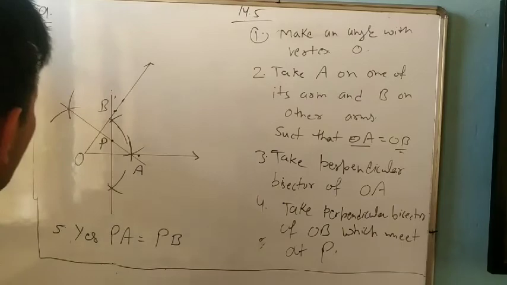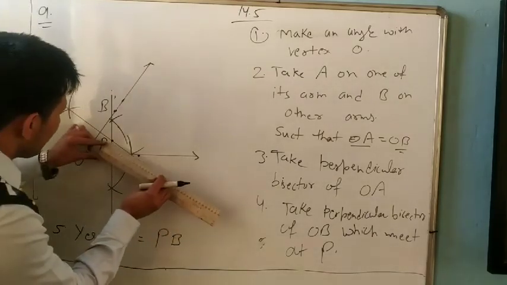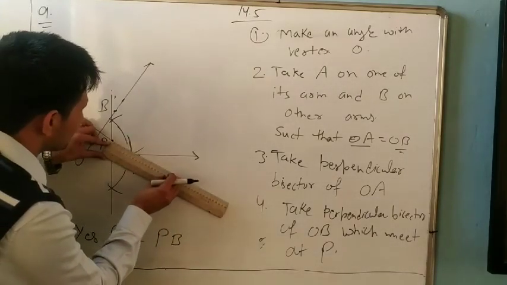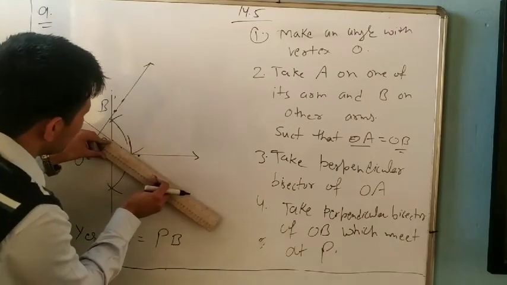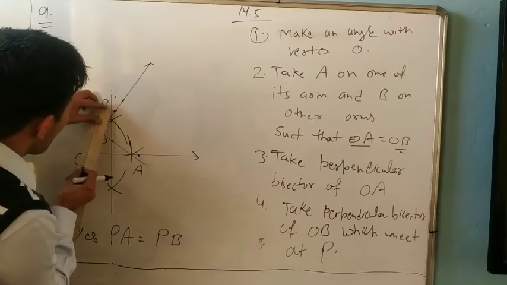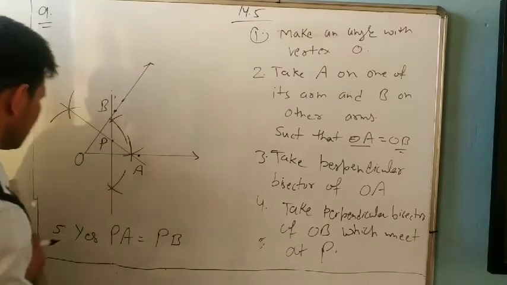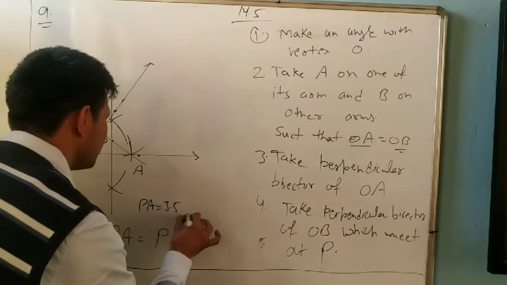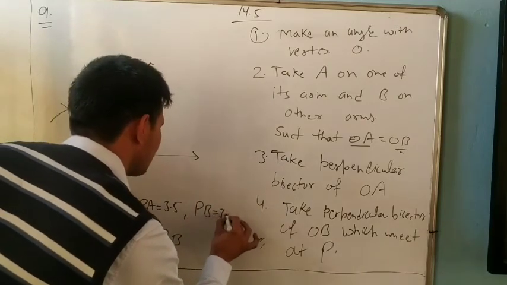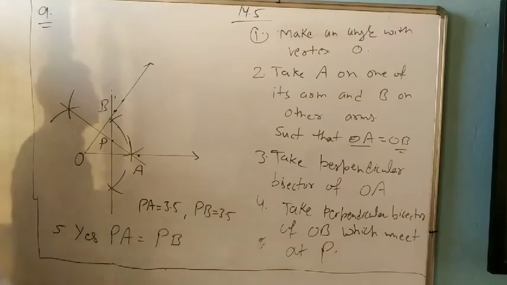You will measure PA, P to A. Suppose P to A becomes 3.5 and PB is also 3.5. So you will write yes, PA equals PB.